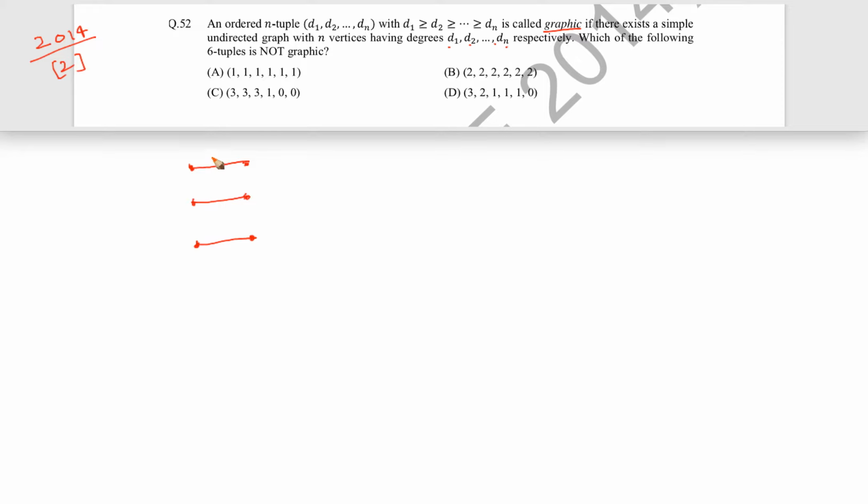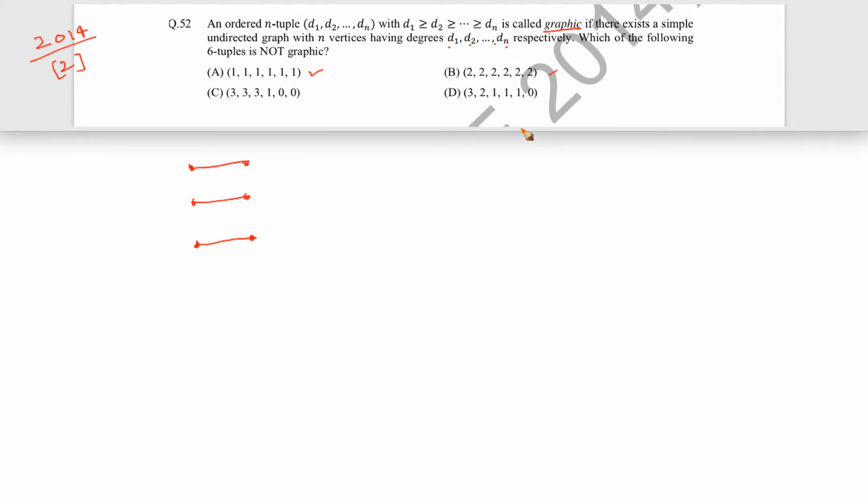So when you sort all the degrees in descending order, you will see that the degrees are 1 1 1 1 1 1. So a graph is possible, and this is definitely not the answer. We have to find the option for which the graph is not possible.